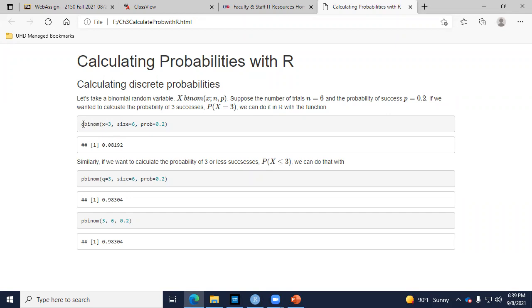D means the density. In R, density is just the probability in this case. So this is x equal to 3, this is the size of your experiment, which is n, and this is the probability of success for each of your Bernoulli trials.